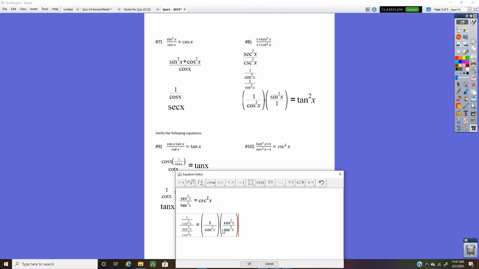All right, and these are going to cancel. So I have 1 over sine squared. And that equals cosecant squared.